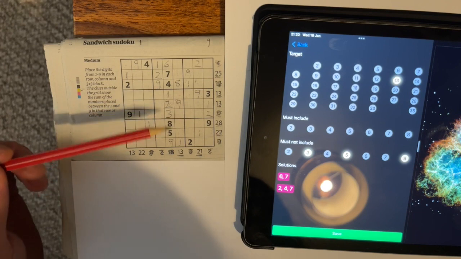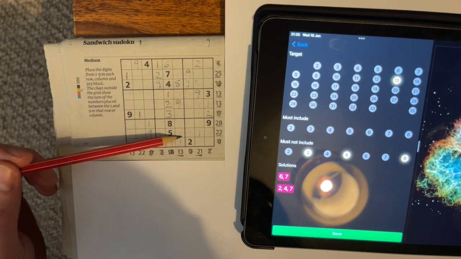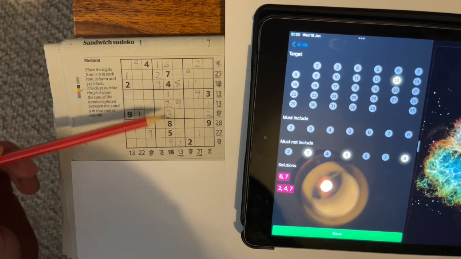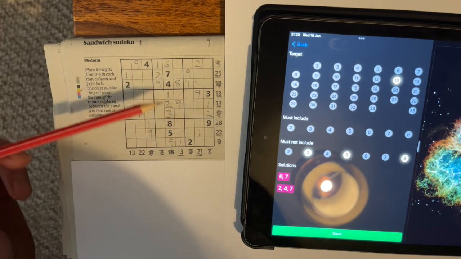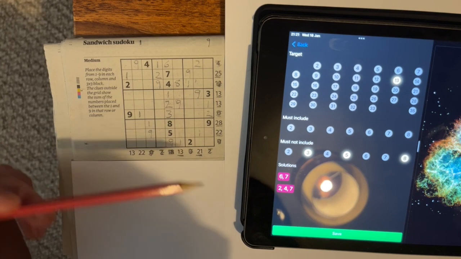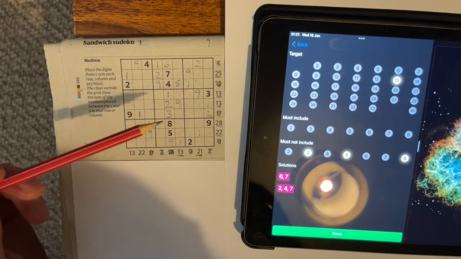Unfortunately, I don't think we know where the 2 or the 4 or the 7 goes. We know the 2 must be here, but we don't know which position. The 4 could be anywhere, and the 7 could be anywhere. So that doesn't immediately help us, but it will help us later.